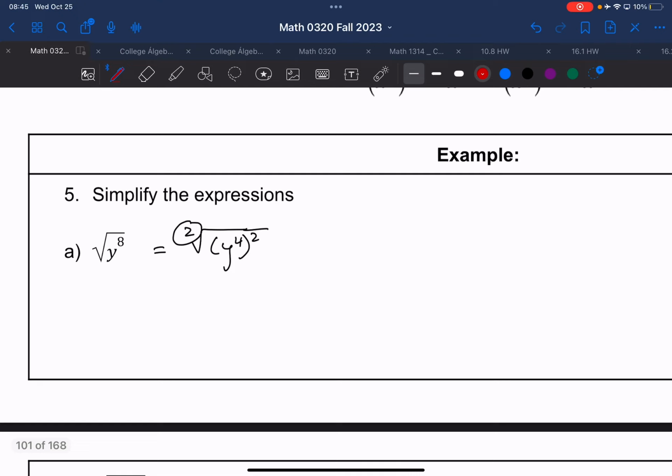One of them, yep. Those 2s cancel. It's even, so we are going to have the absolute value of y to the 4th. Here we're just rewriting the expressions as perfect squares or perfect cubes, so we're able to cancel out that radical.